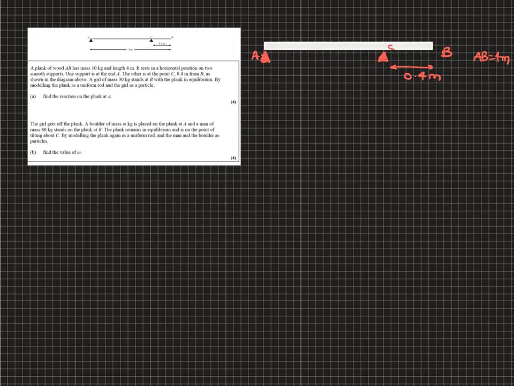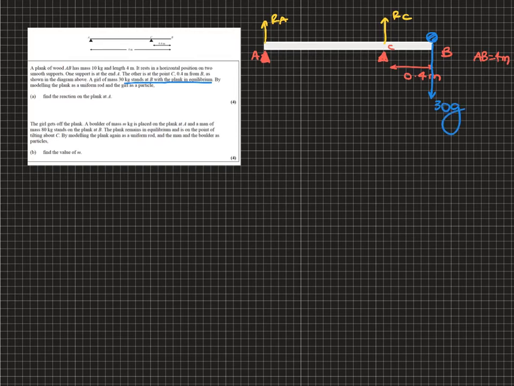Let's draw on some forces. So there'll be a reaction force here and a reaction force here as well. We have a girl of mass 30 kilograms who stands at B with the plank in equilibrium. So at B, we can model the girl as a particle with a weight of 30g.